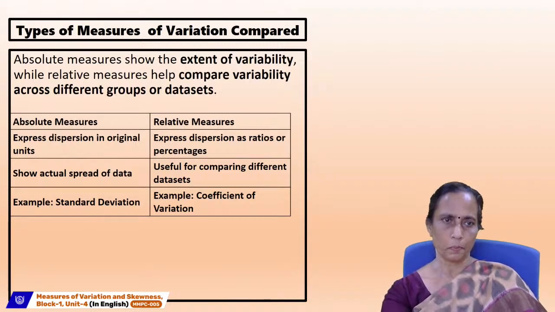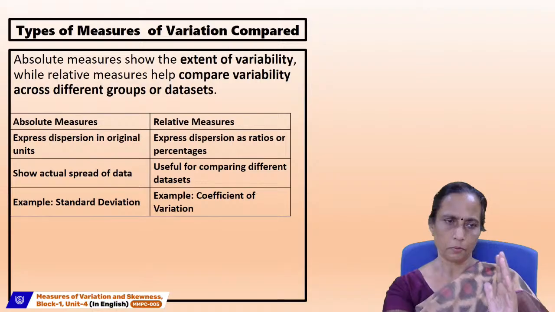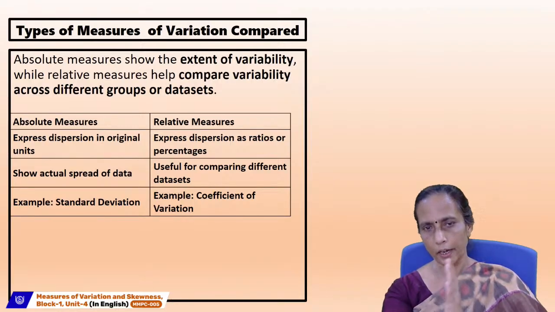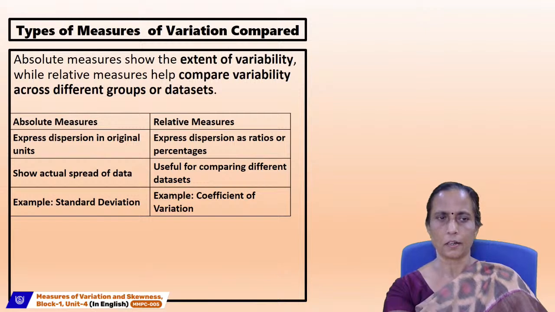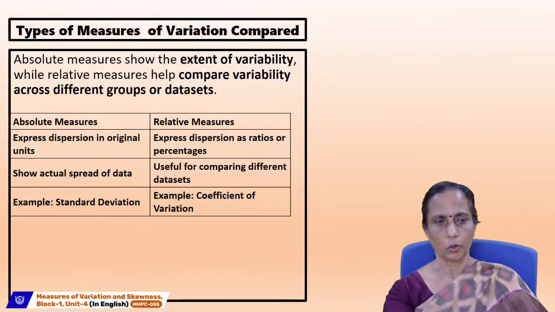Okay, so differentiating between the absolute measures and the relative measures, we may say that absolute measures express dispersion in original units, whereas relative measures are in ratios or percentages, and are not expressed using any units.